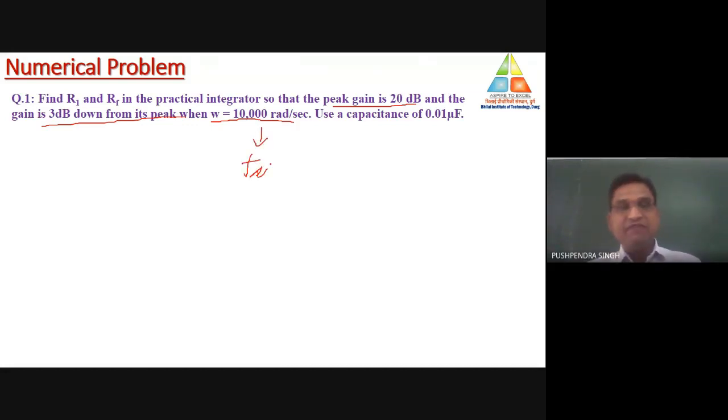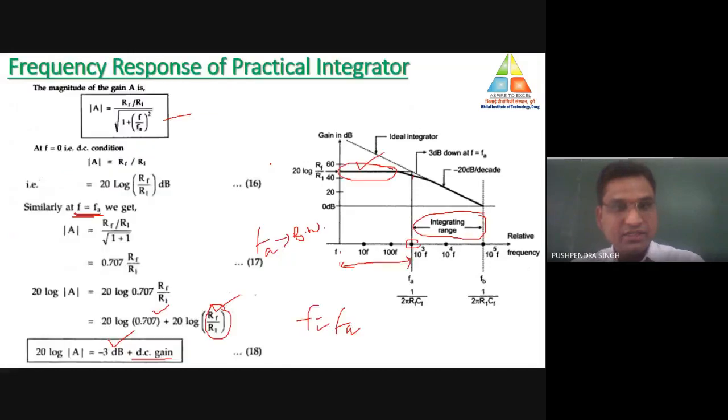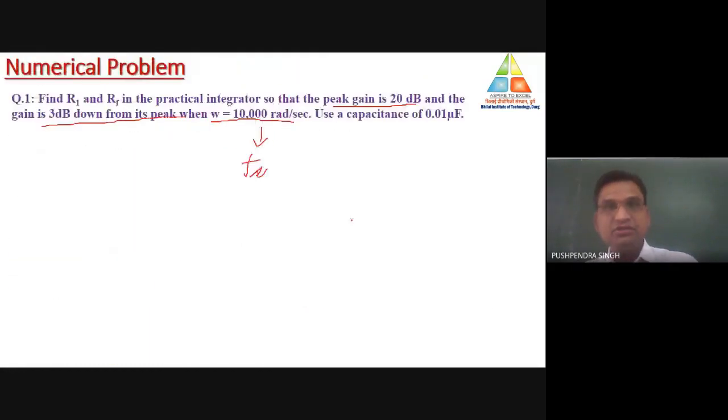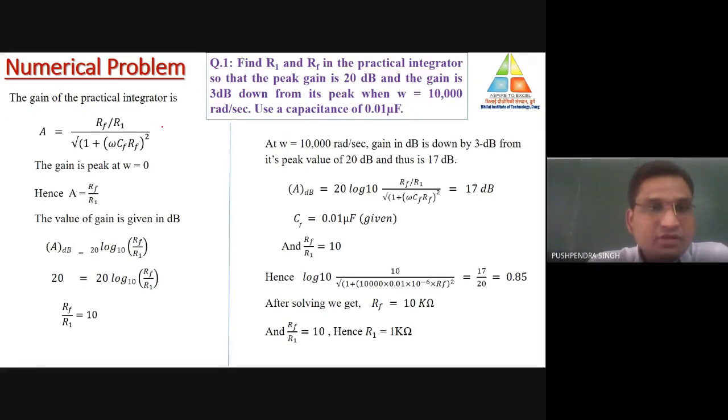Because at F equal to FA only, there is a drop of 3 dB in the gain, as already discussed. So when the frequency is 1000 radians per second, the gain is down by 3 dB. We need to use a capacitance of 0.01 microfarad.